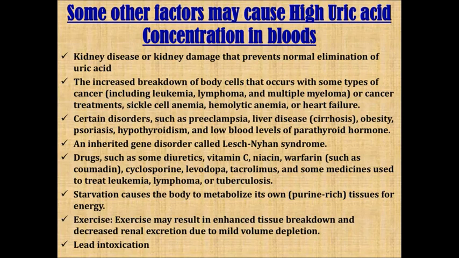Drugs such as diuretics, vitamin C, niacin, warfarin such as Coumadin, cyclosporin, levodopa, tacrolimus, and some medicine used to treat leukemia, lymphoma, or tuberculosis increase the blood uric acid level.